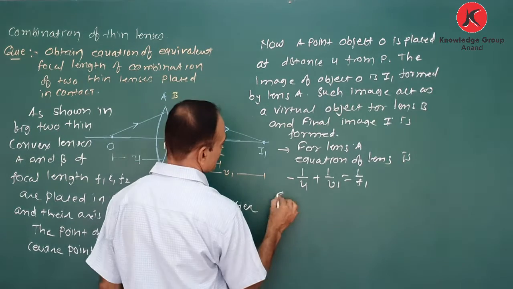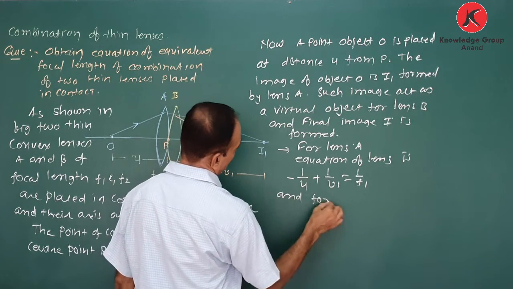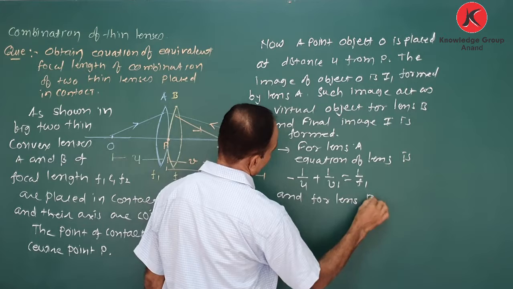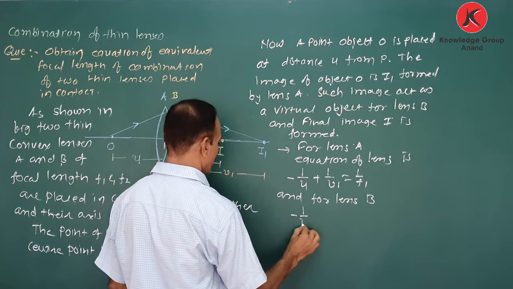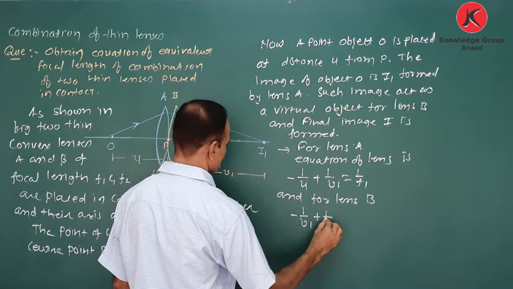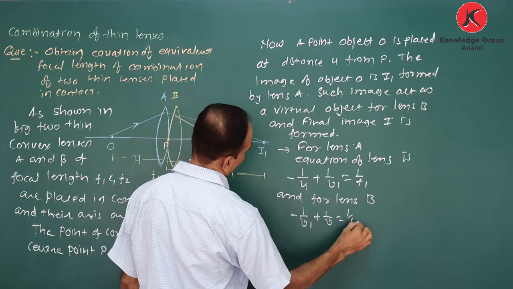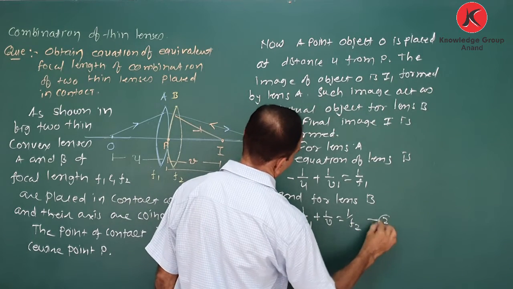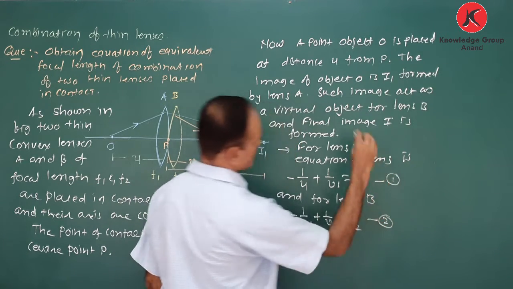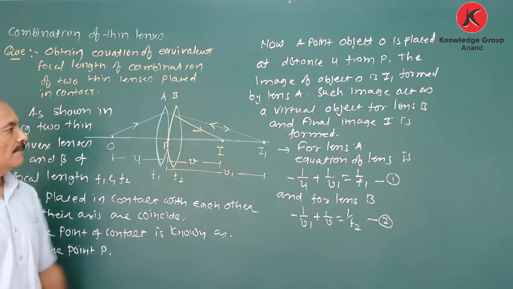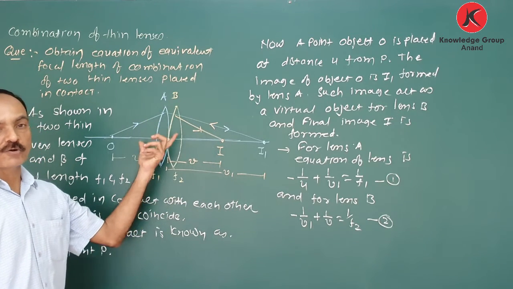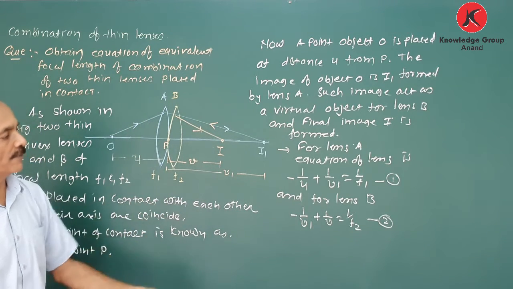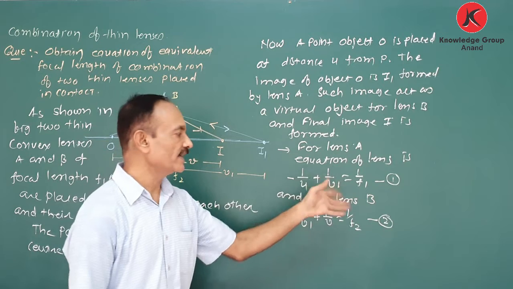And for lens B, minus 1 upon v1 plus 1 upon v is equal to 1 upon f2. These are equations 1 and 2. But the final image is formed by the combination of these two, therefore we have to add these two equations.